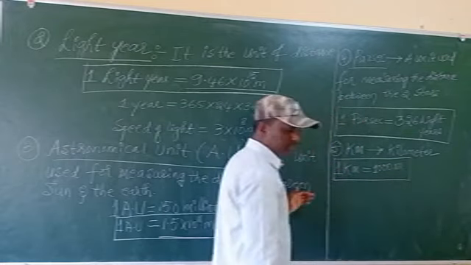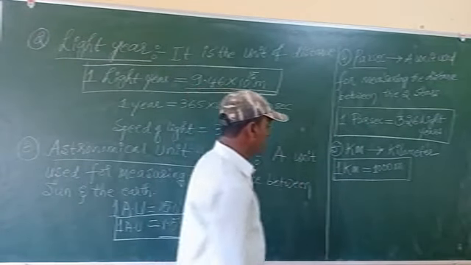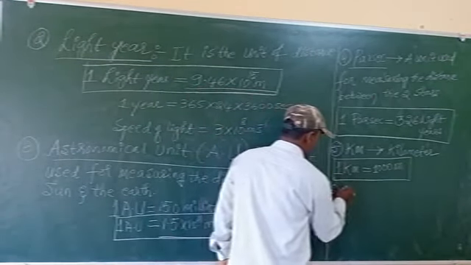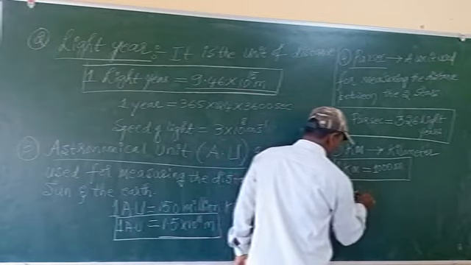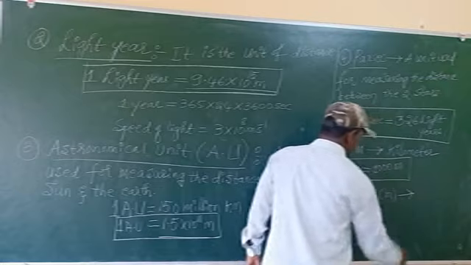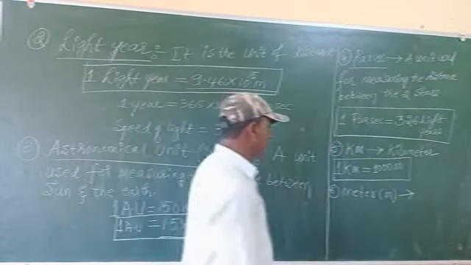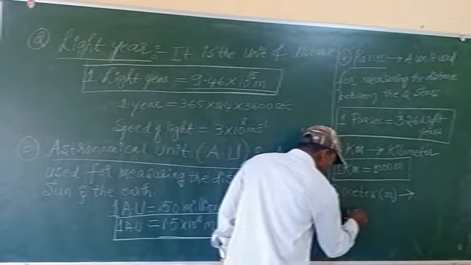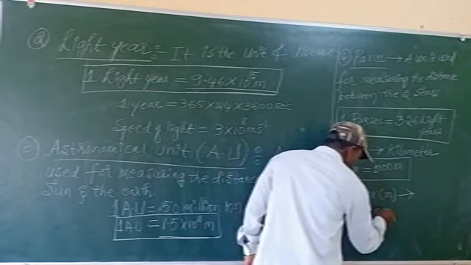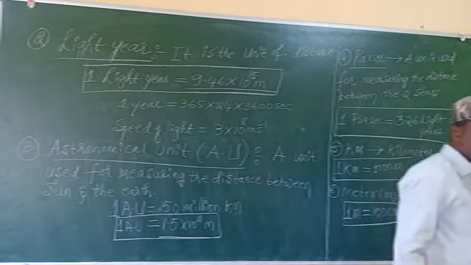Next comes meter, m. Meter is another unit used for measuring distance. So 1 meter is equal to 100 centimeter.